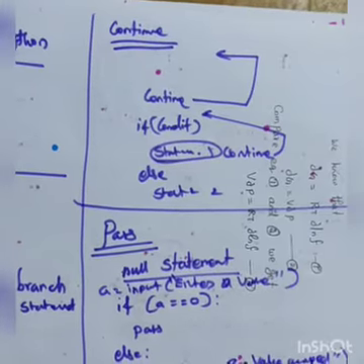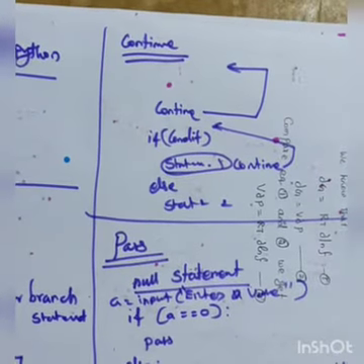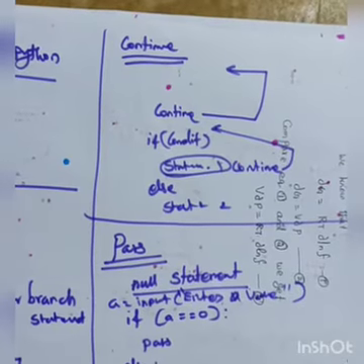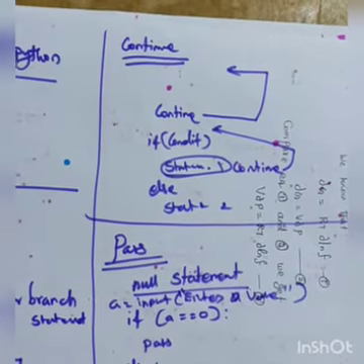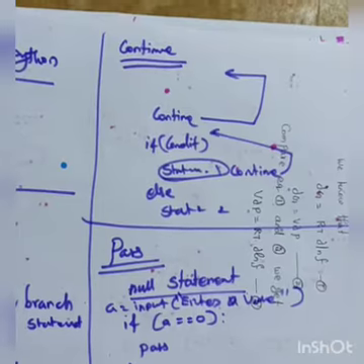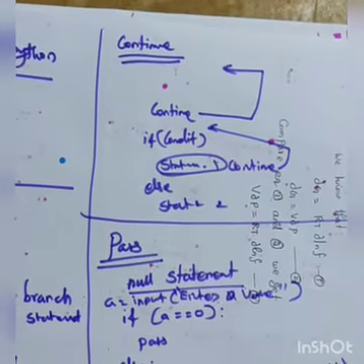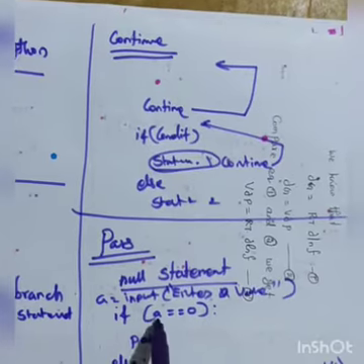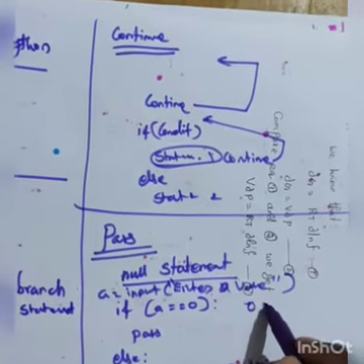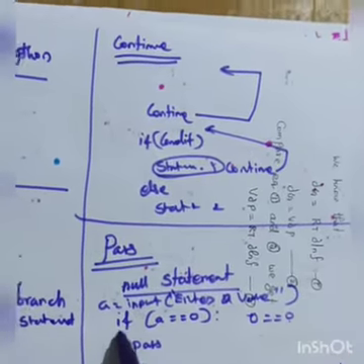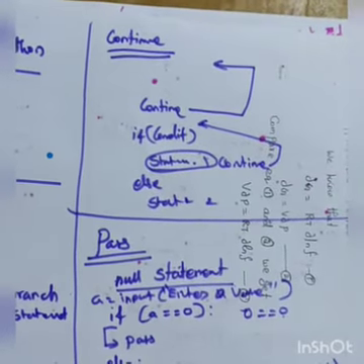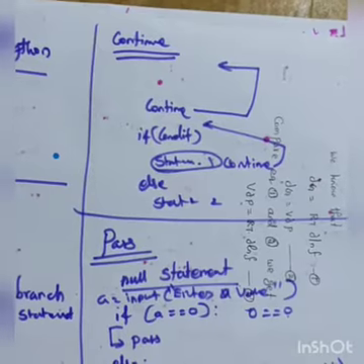Now you can see the output: enter a value. If you give 0, the condition is true, a is equal to 0, so pass will run. Pass means nothing is displayed here.